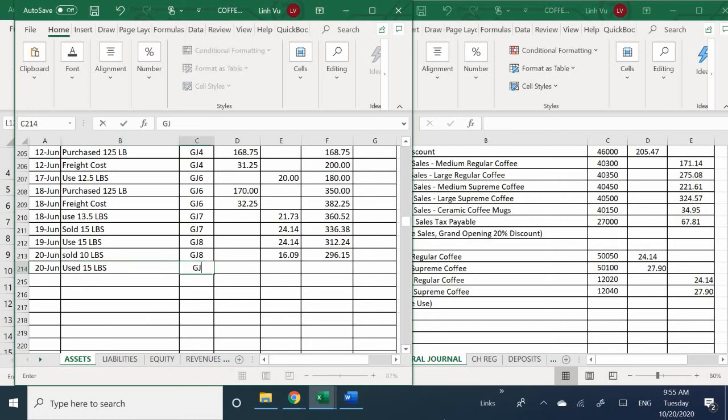Used 15 pounds. All right. How much am I going to credit my account for? 24.14. All right. Bringing my new total to be 272.01.